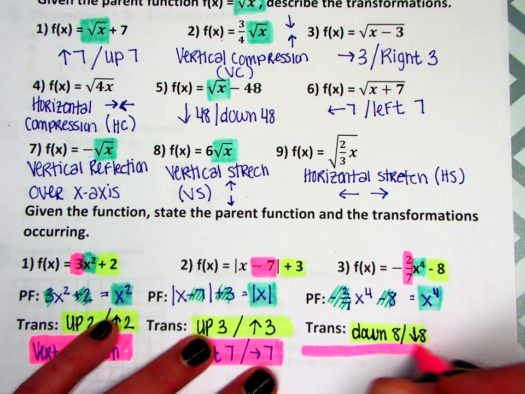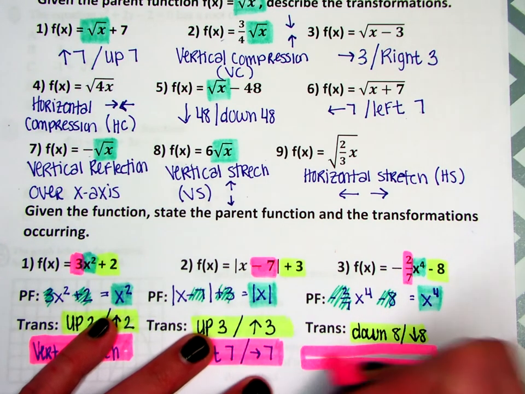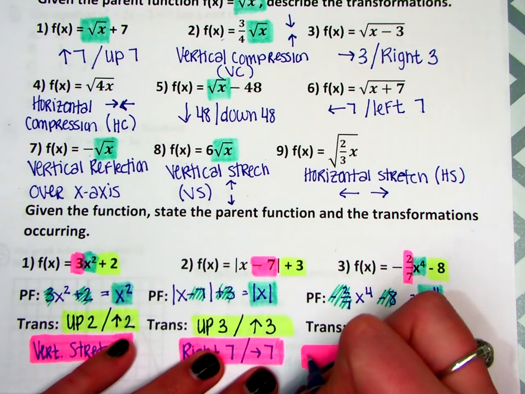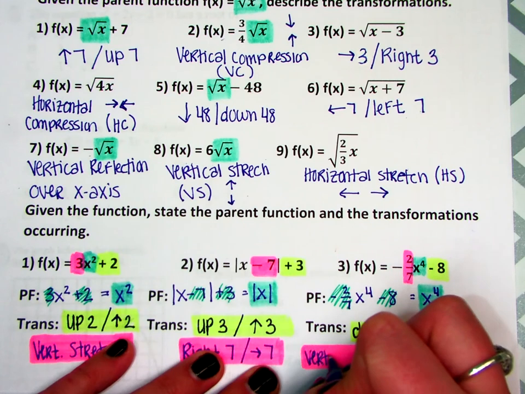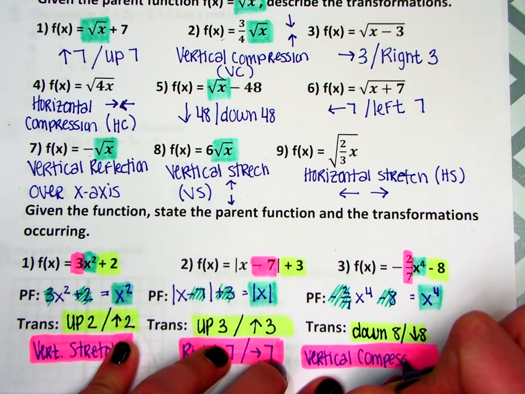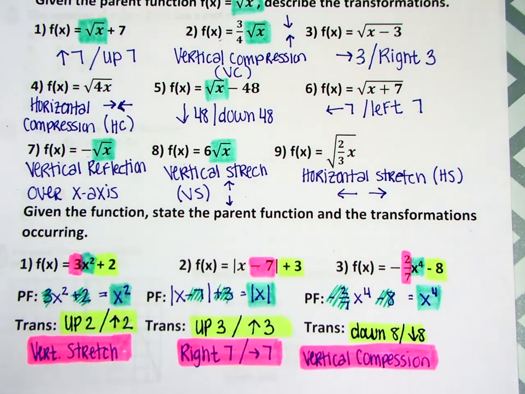So the 2/7 represents a vertical compression. Remember, it's all about using that little chart. If you're stuck, you can always graph. It might make it a little bit easier.